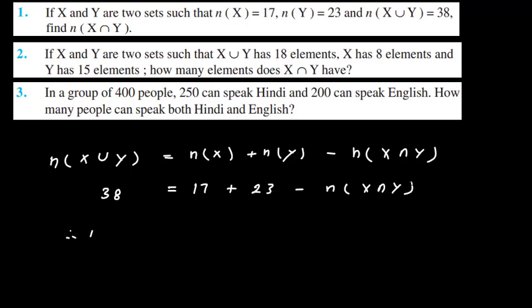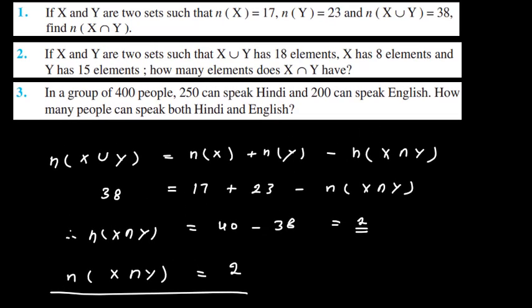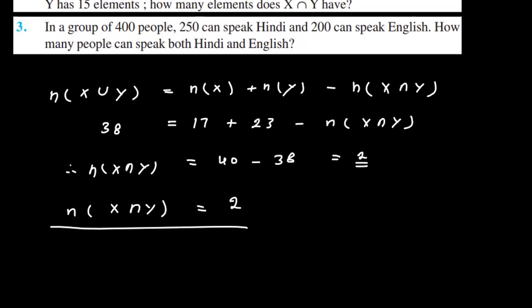Adding them gives 40, and 38 goes to the right-hand side as minus 38, so our result is 2. So n(X intersection Y) is 2. This is the first question.